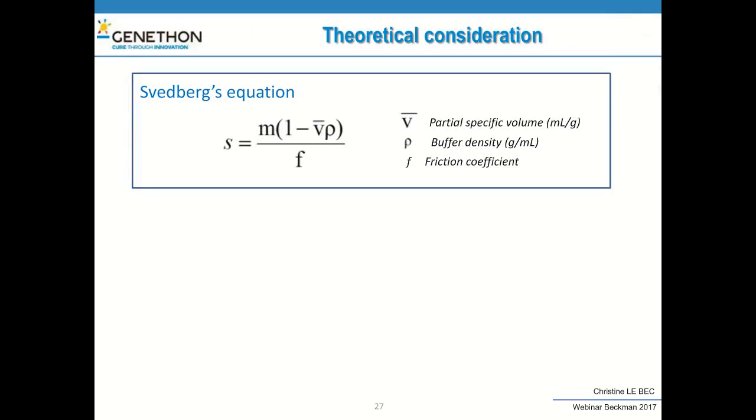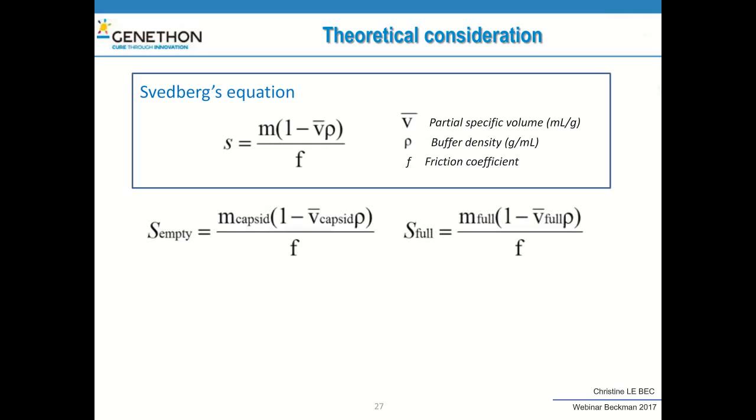If we go to the theoretical considerations and go back to the Svedberg equation, what does the S value mean? The S value is dependent on the mass of your particles, on the V bar of your particles, and on the friction coefficient of your product. So the S value of the empty particles depends only on the mass of the capsid and the V bar of the capsid.